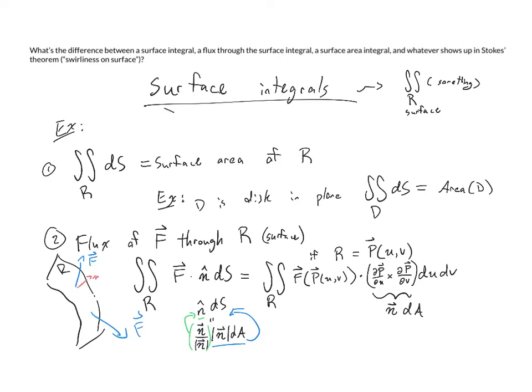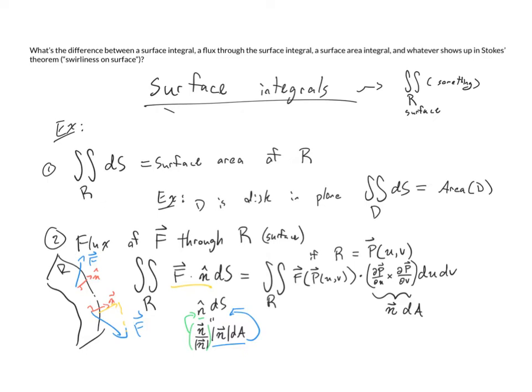So if you say here is my normal direction for R at this point, and over here it's kind of similar, then this quantity, F dot n hat, will project F onto n, and tell you how much of F is flowing through the surface, so it's parallel to the normal vector rather than flowing along the surface.